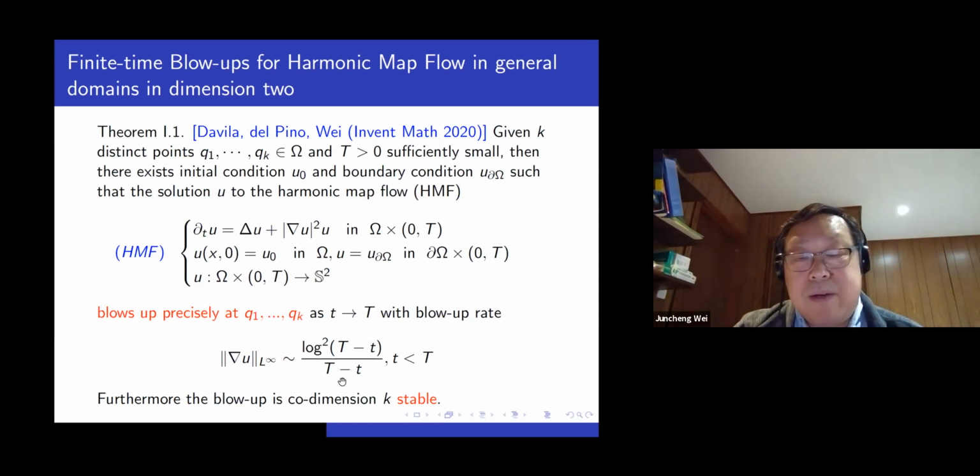Furthermore, the blow-up is codimension-k stable. For example, if k equals 1, it means codimension-1 stable. So the blow-up solution is almost stable.